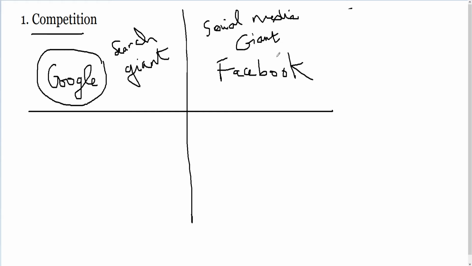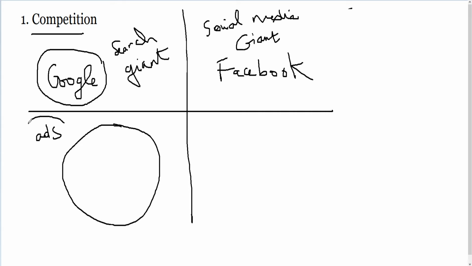This is the biggest. So why do I compare two companies whose industries are different? This is social media, this is search. Why should I compare Google with Facebook? The thing I'm telling you about is the market share of what we call ads. This is the point. I put Google with Facebook just because Google has the biggest share in the ads.